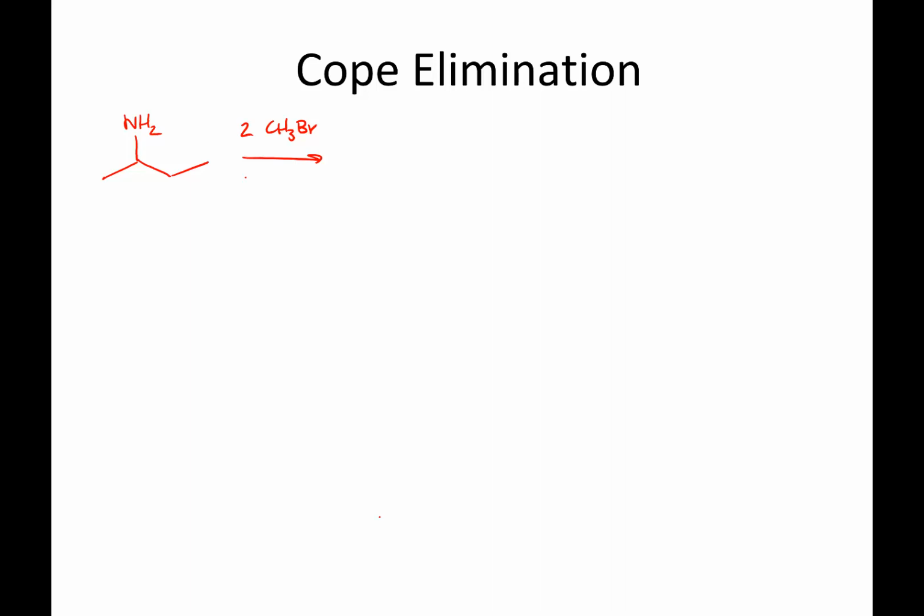And in this case, we might want hydroxide to do this reaction. So what am I going to do? Well, just to go through the whole procedure again, first I'm going to alkylate the first methyl group on the ammonium and make the ammonium ion.